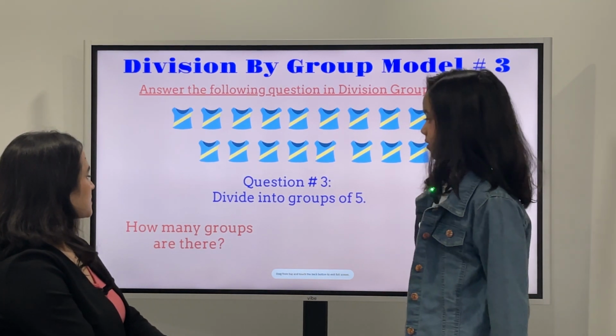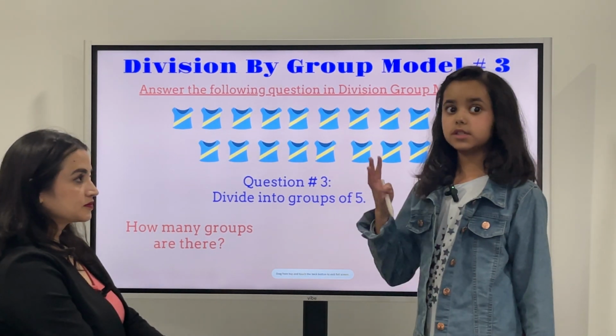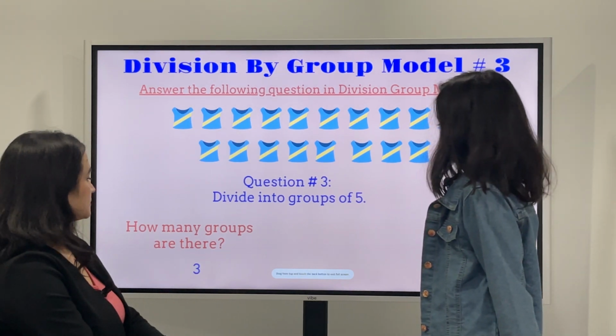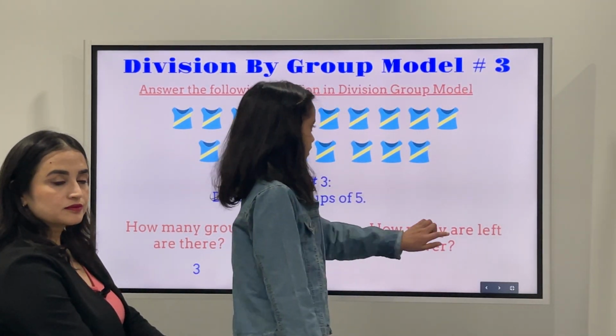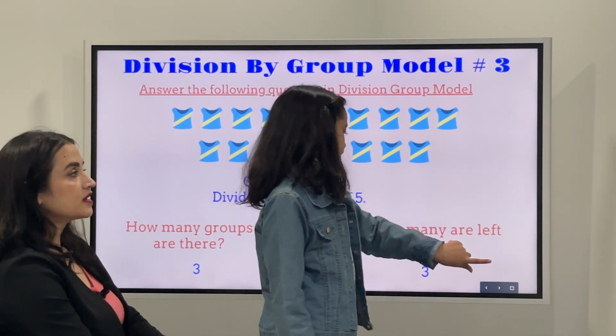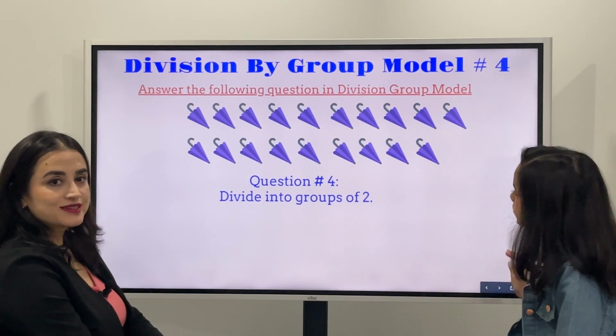How many groups are there? 3. And how many are left over? 3. Exactly. Let's see the umbrella turn.